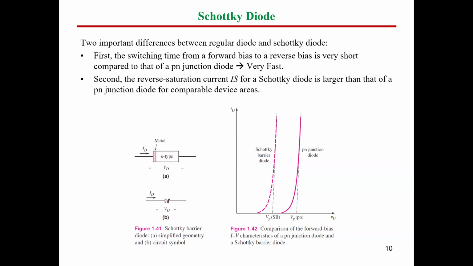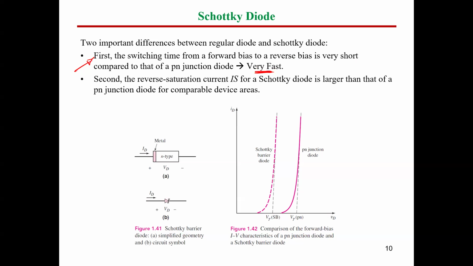Firstly, we have two important differences between the regular or general purpose diode and the Schottky diode. The first thing is the switching time from forward bias to reverse bias is very short, which means it's a very fast diode. So this is the first difference.